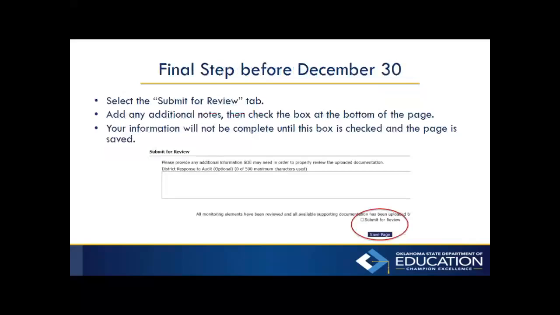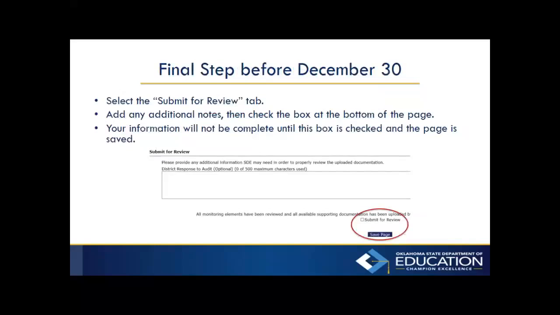So the final step in the grants management system for you is the Submit for Review tab. We've made a few changes to this to hopefully make it a little more streamlined. When you're ready to send this information to the State Department of Ed, you will come to the Submit for Review tab. You'll click the box for Submit for Review and save the page.